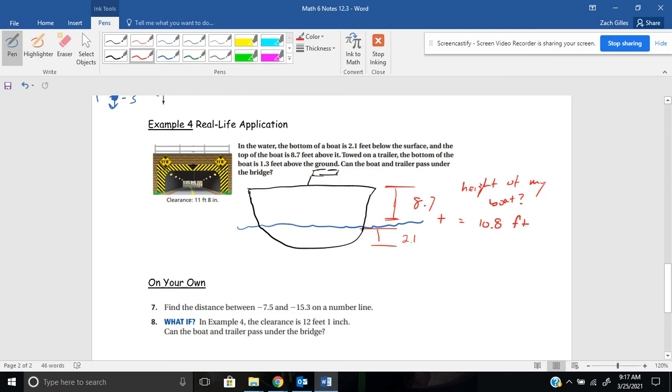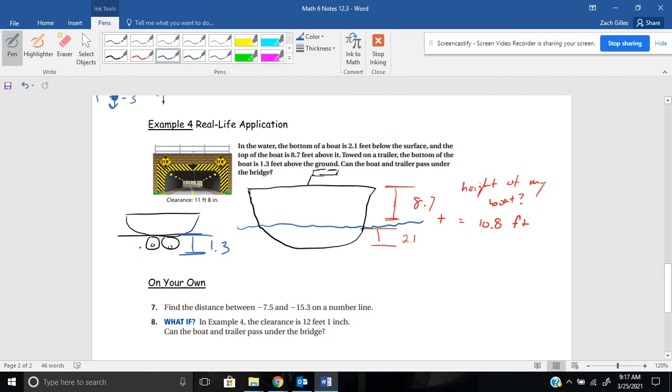Okay. Then it says, towed on a trailer, the bottom of the boat is 1.3 feet above the ground. Okay. Now we've got a trailer here. And now it says the bottom of the boat is 1.3 feet above the ground. Okay, so here's our boat. Bottom of the boat is 1.3 feet above the ground.